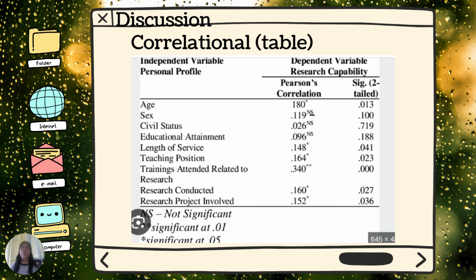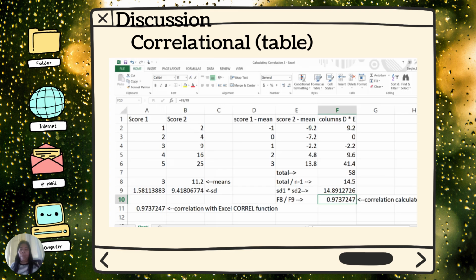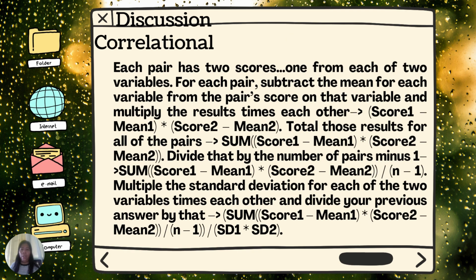Do the two variables show a significant relationship, or do they not show any significant relationship at all? The next one also has computations where the score and the mean are given, and also the interpreted discussions and explanations for this second table for Pearson r.